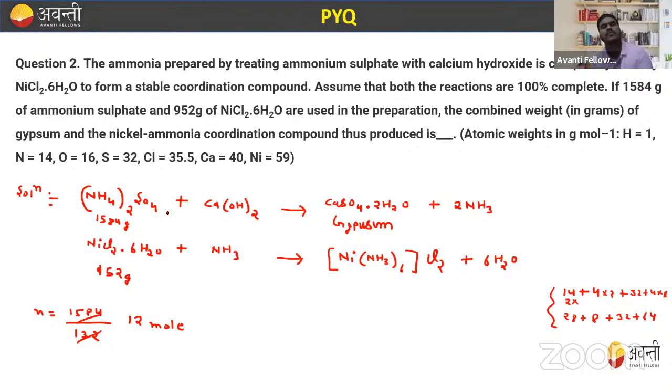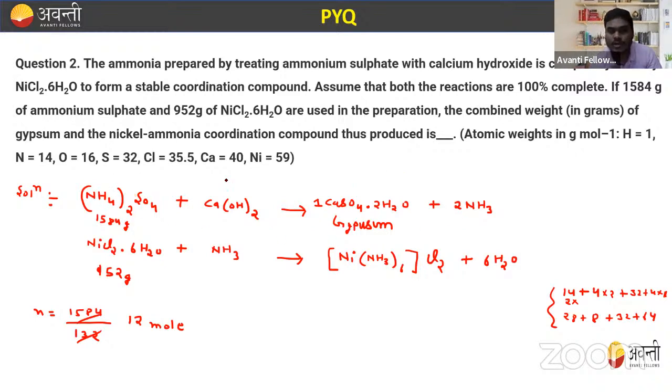So 12 mole of ammonium sulfate produce 1 mole of gypsum and 2 mole of ammonia. Now this is equal to which value, beta? Can anyone tell? If 1 mole of this produces 1 mole of gypsum, then 12 mole of ammonium sulfate also produce 12 mole of gypsum, and 1 mole of ammonium sulfate produces 2 mole of ammonia.